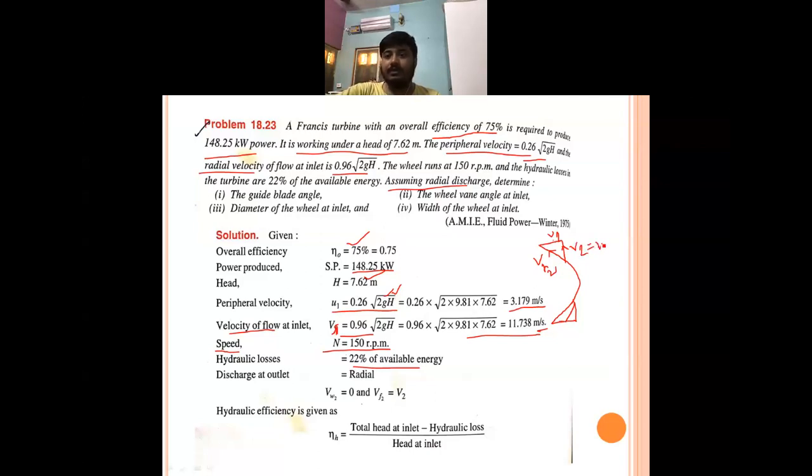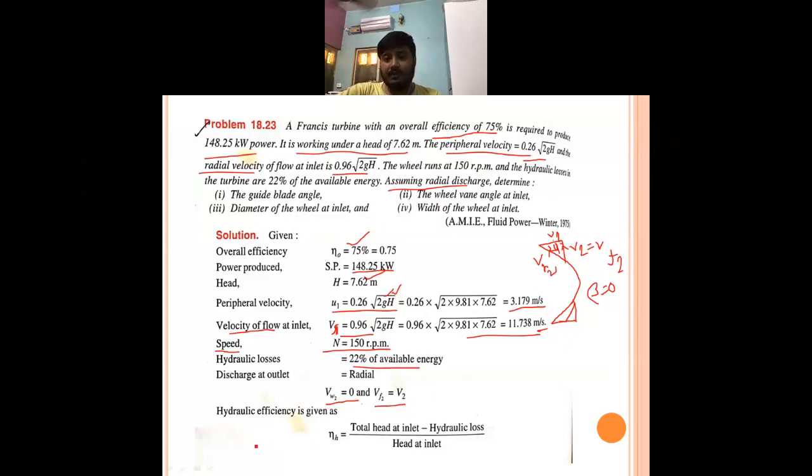So beta is equal to 0 for the radial discharge. So VW2 is equal to 0, so VF2 is equal to V2.